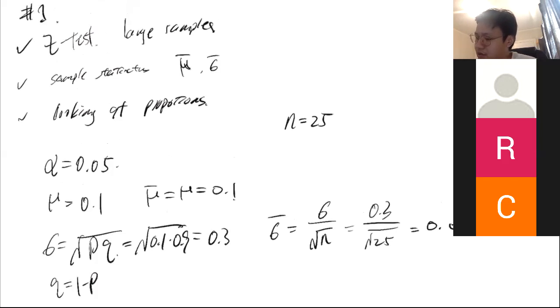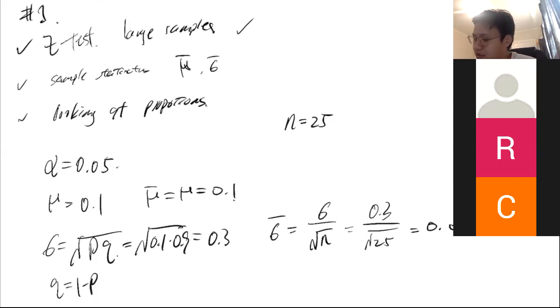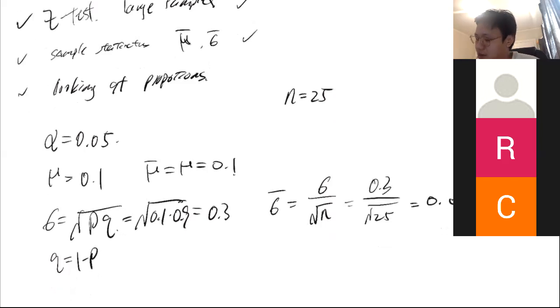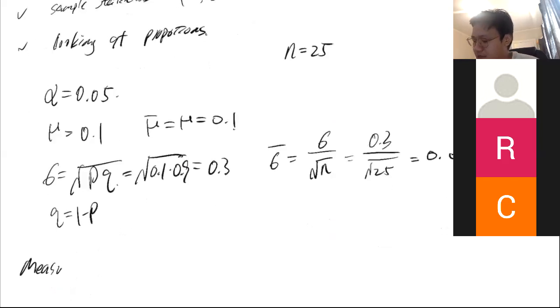So we're handling a Z-test with large samples, we've calculated a sample statistic, and now we're looking at the proportions for the measurements. There are 7 out of 25 who actually regrow their hair, which is roughly 0.28.